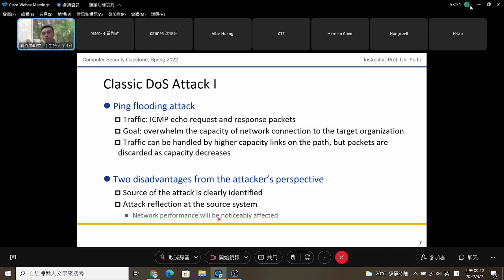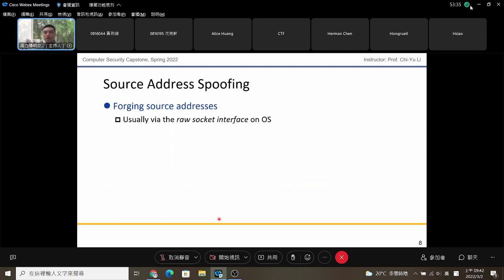So in order to improve this attack, source address spoofing is proposed to launch the attack. We can forge the source address. It is like what you are going to do in project one. We will use the spoofed address in the DNS query, so that the DNS server will send the packets to the target machine.